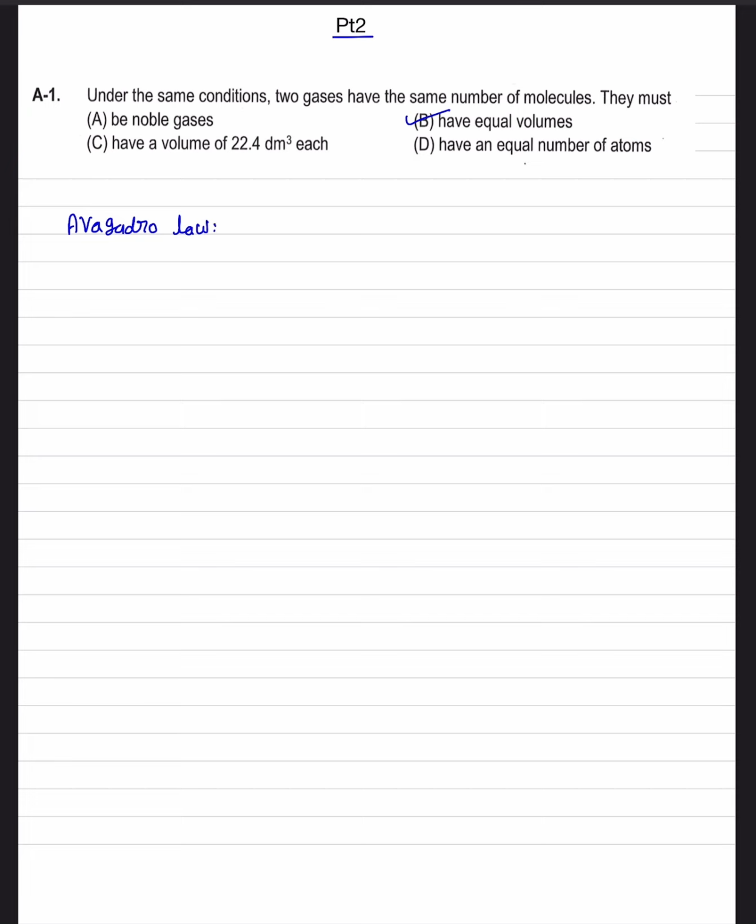And what is Avogadro's law? It says at constant temperature and pressure, we can say at the same temperature and pressure, if we have equal volume, we have the same mole, and if we have the same mole, then we have the same number of molecules.